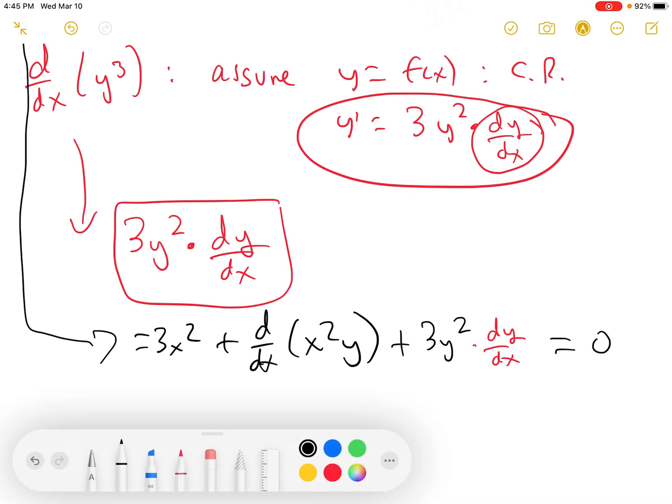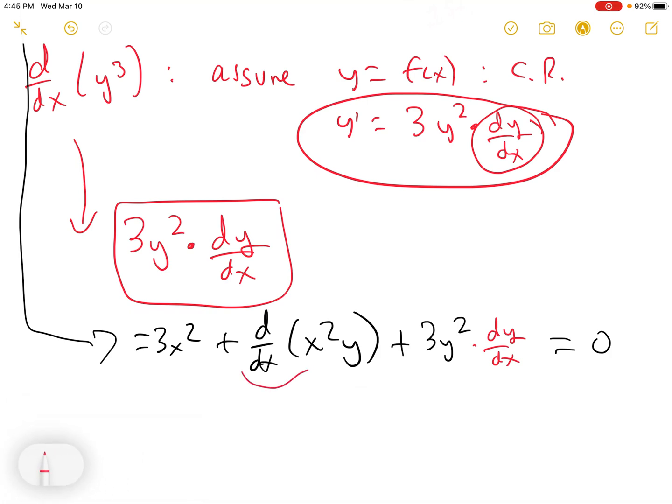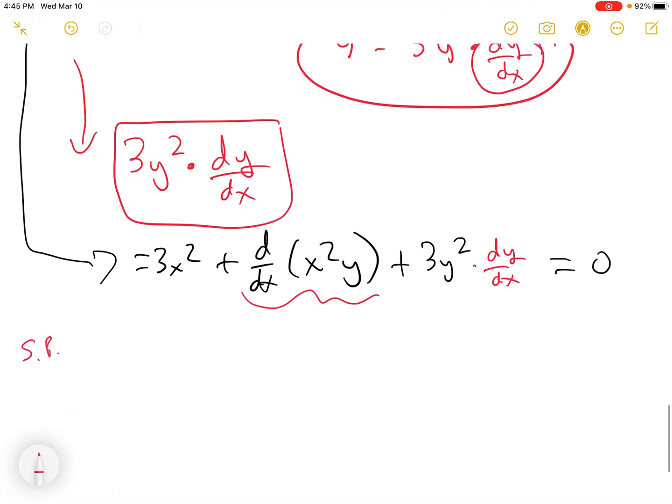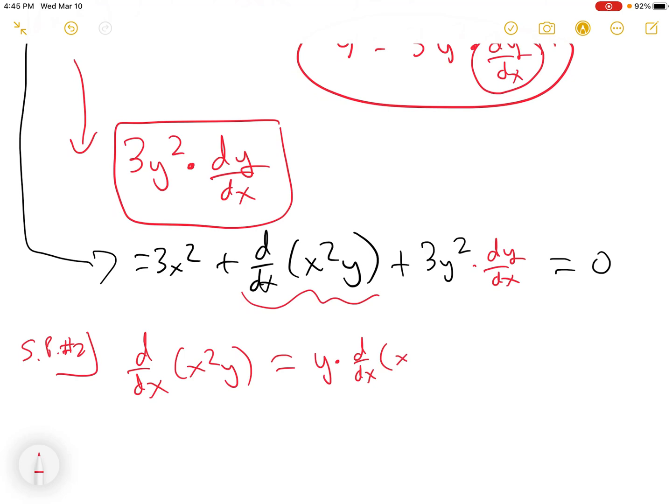And now we're going to deal with this guy as subproblem number 2. Okay, and so we need the product rule. So we're going to fix the y and take the derivative with respect to x of x squared, and then fix the x squared and take the derivative with respect to x of y.